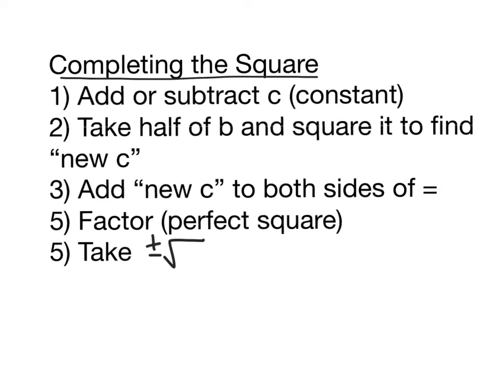So it'll be like a binomial squared, and then we'll take the square root. When we take the square root, remember we need to add plus or minus in front of that. And then finally, we will add or subtract to get the variable term by itself.